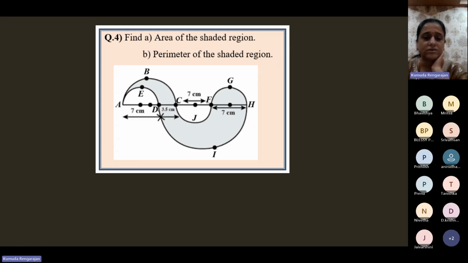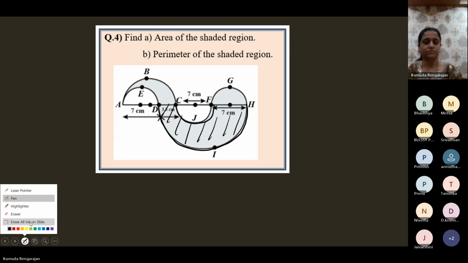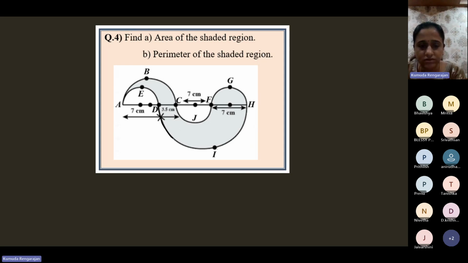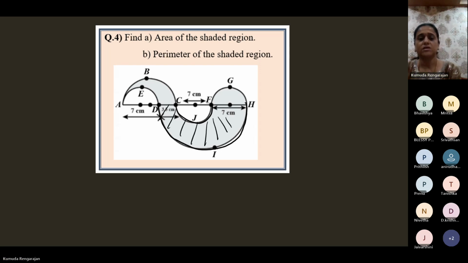Next, we have to find the area of this shaded region, which is the area of this semicircle minus the area of this semicircle. Semicircle formula to find area, half pi r square.